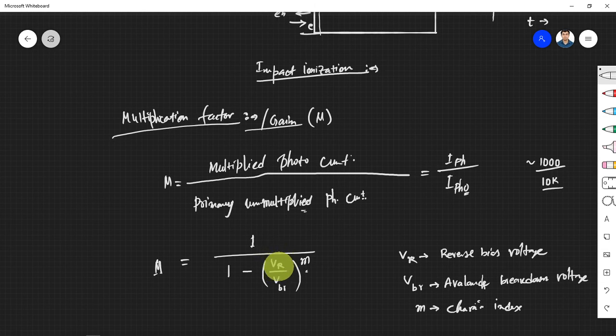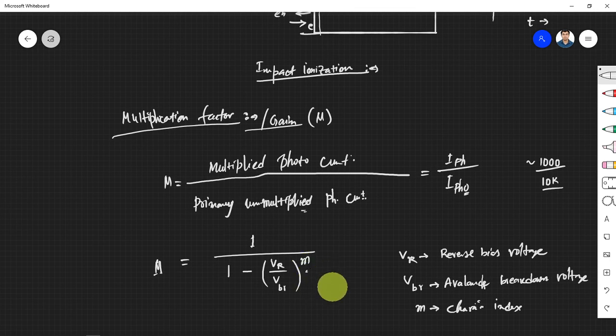Different reverse bias voltages will give you different multiplication factors. This m is constant for this particular device construction. If you fit that set of VR and multiplication factor into this equation, you can calculate the value of m. This will give you the characteristic index of that device.